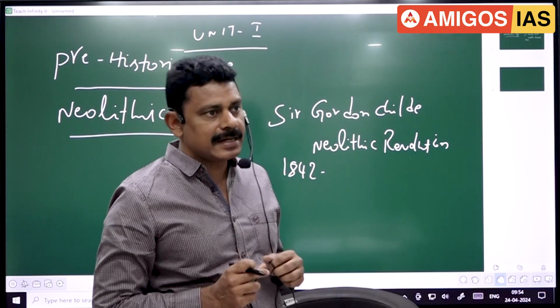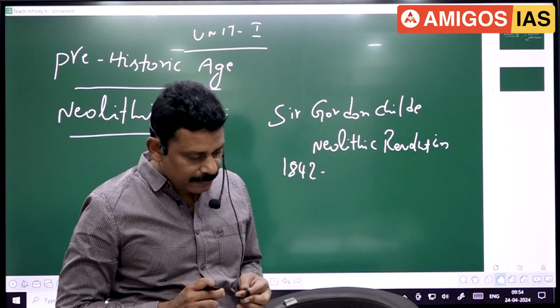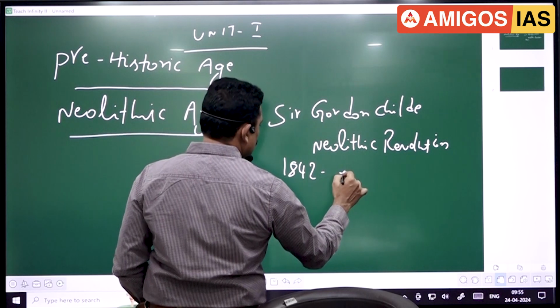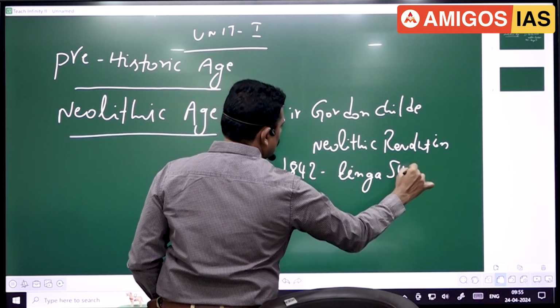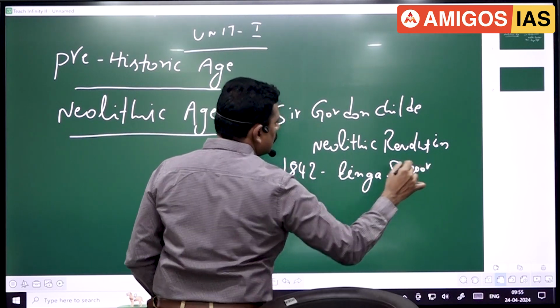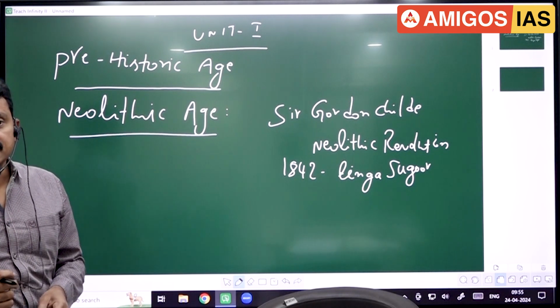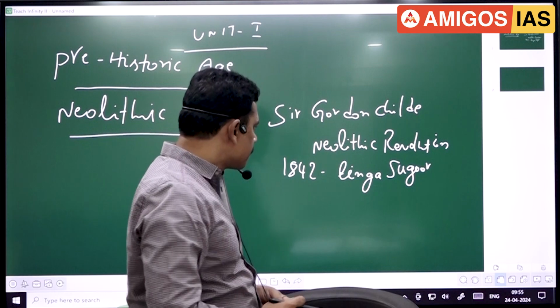The first Neolithic site in South India was excavated by John Taylor in 1842 at a place called Lingasugur in Karnataka. That was the earliest Neolithic site in South India, 1842.